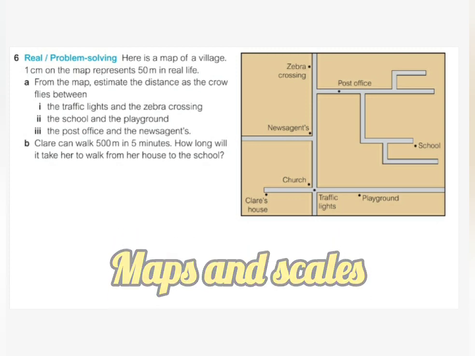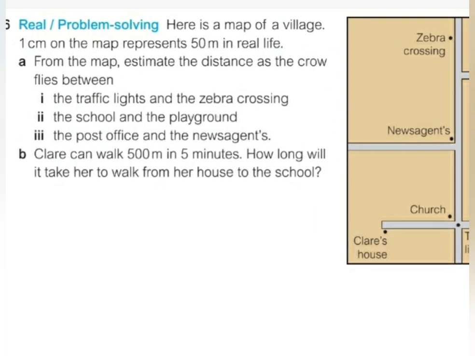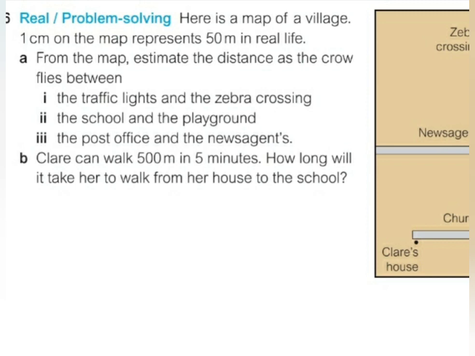Question 6, problem solving. Here's a map of a village. 1 centimeter on the map represents 50 meters in real life. Question A, from the map, estimate the distance as the crow flies between: 1, the traffic lights and zebra crossing.